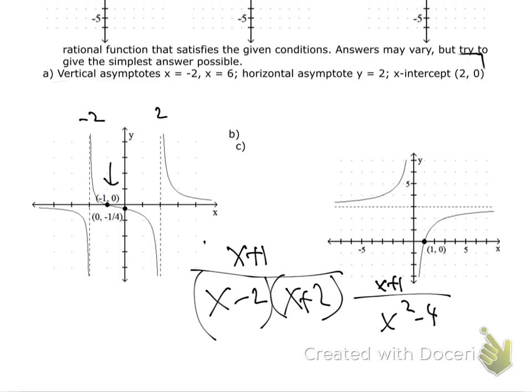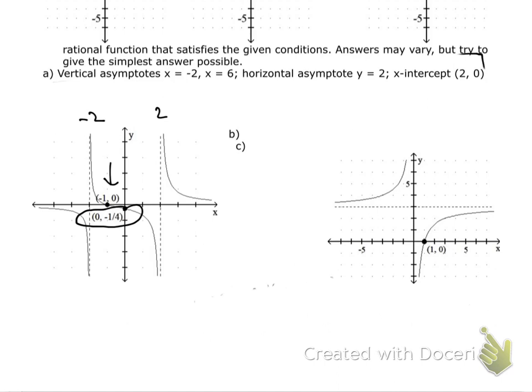Either one of these is the answer because, look, if x equals 0 for the y-intercept, that's 1 on top, negative 4 on the bottom, and that's what I have right there, okay? And that's it. Well, let's try this next one. One more time. This has a vertical asymptote at x equals 0, so all I've got is that on the denominator.